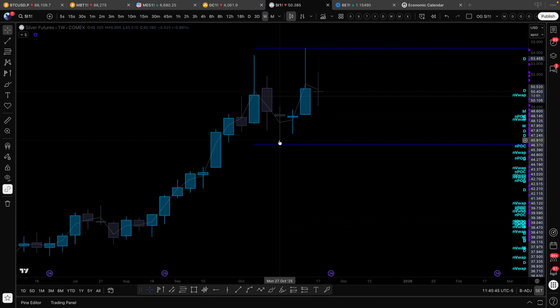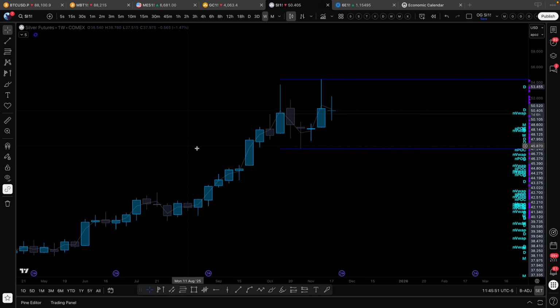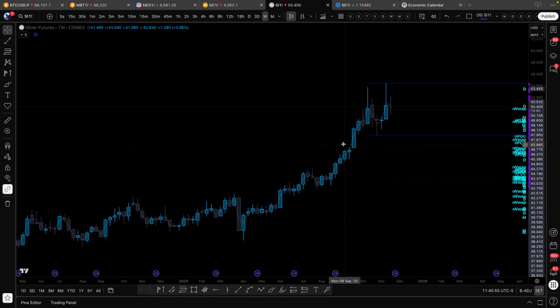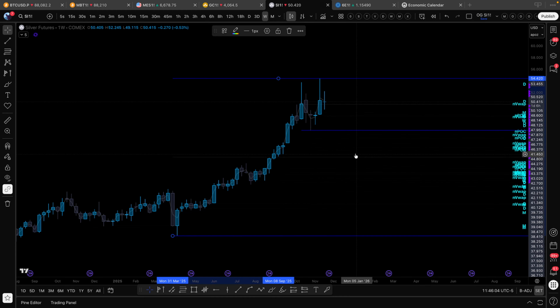Knowing this, if we break this low with a candle close, that's going to be rather bearish. So we could see a little bit of a retracement. I would then look to this area here, where you have the equilibrium of this range.